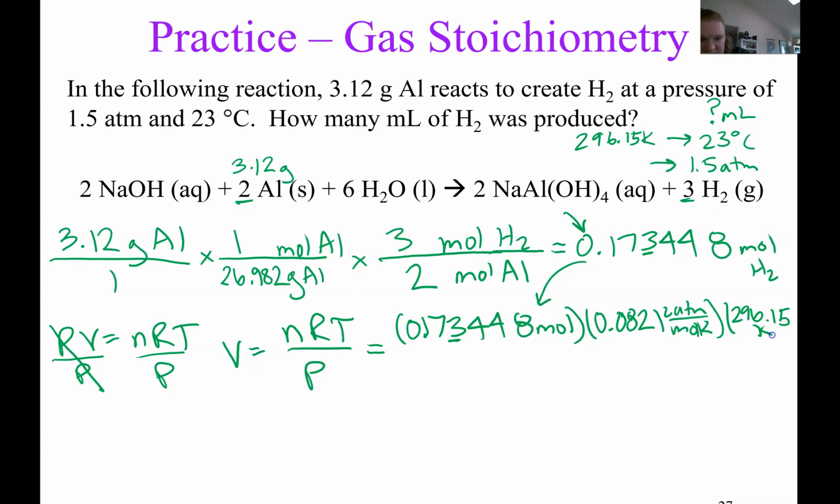I'm going to put my units underneath there because I ran out of space. Divided by the pressure.